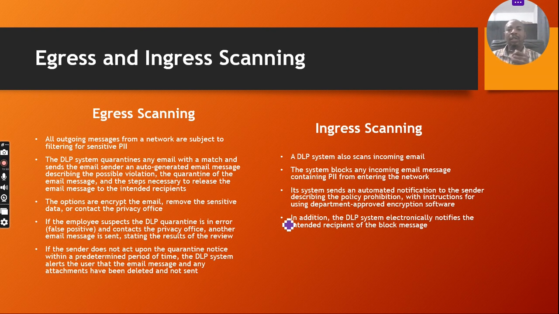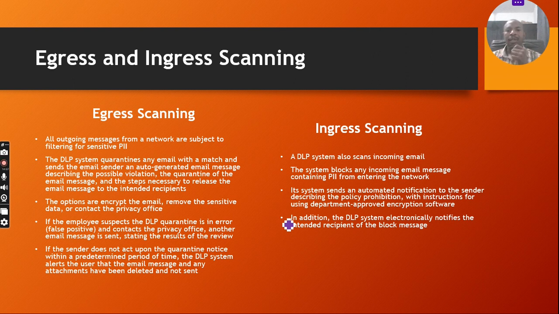Then the second aspect is called ingress scanning. Ingress is just to scan what is coming into your enterprise network. It's a DLP system which scans the incoming email to any enterprise network.